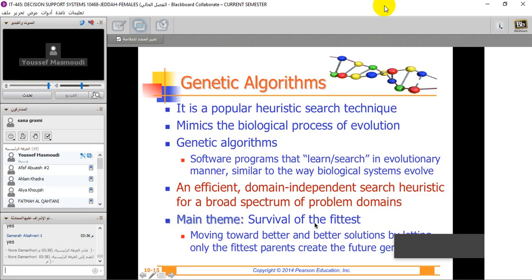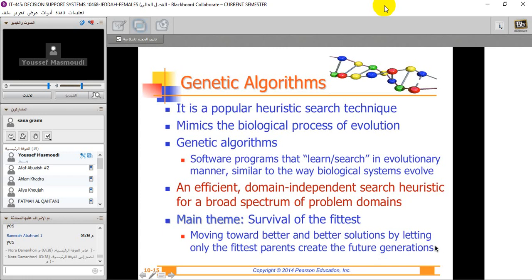The main theme is the survival of the fittest. Moving toward better and better solutions by letting only the fittest parents create the future generations. The fittest parents create the future generations.